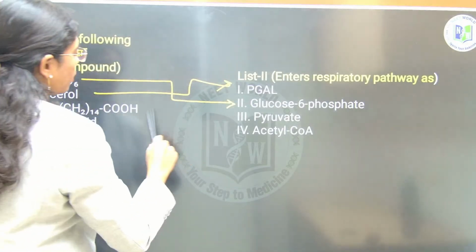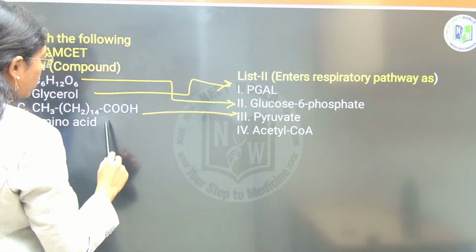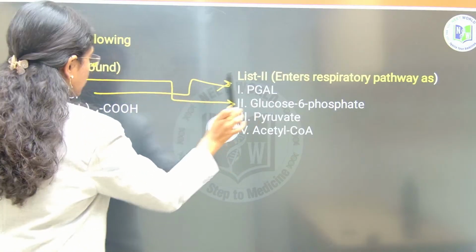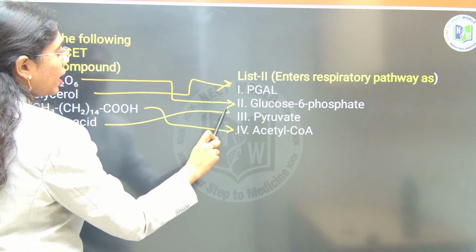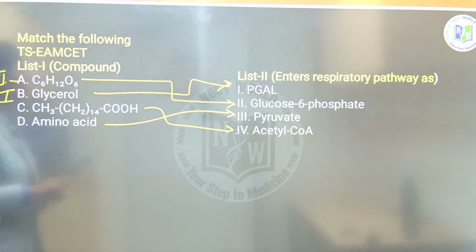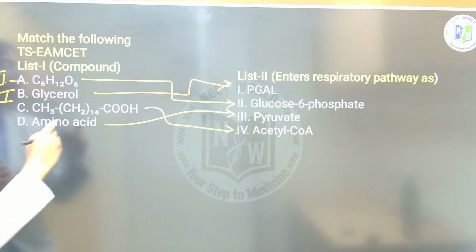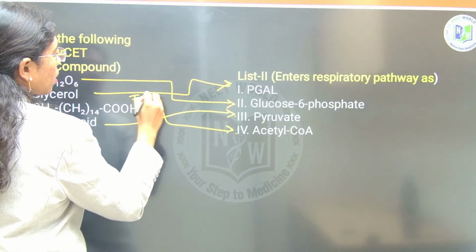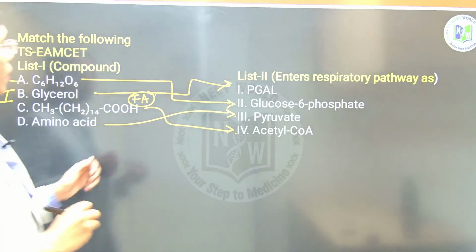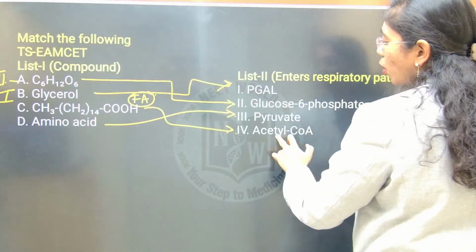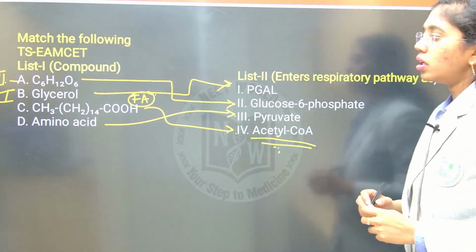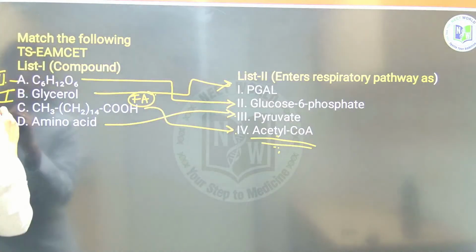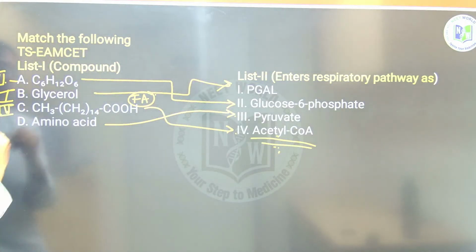Amino acid will enter the amphibolic pathway through pyruvic acid. Clear, right? Fatty acids, after breakdown, will enter the amphibolic pathway through acetyl CoA. This will be the intermediate in the process. Clear? So, C is 4 and D will be 3.